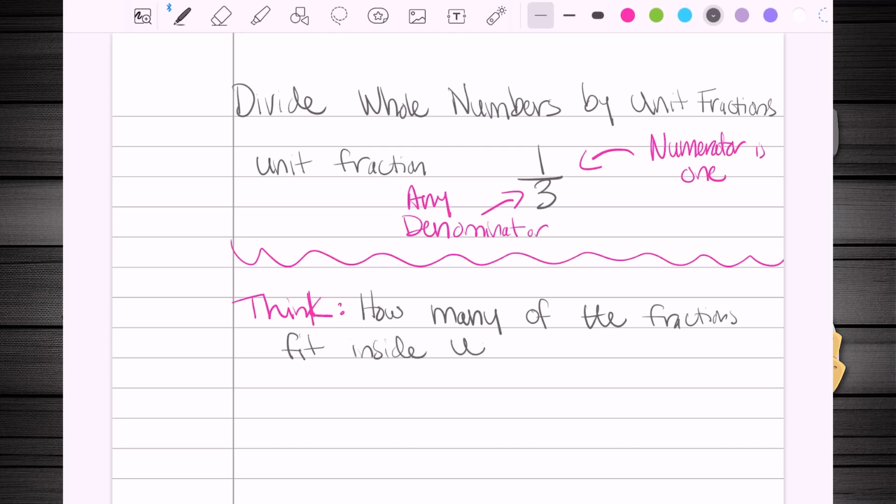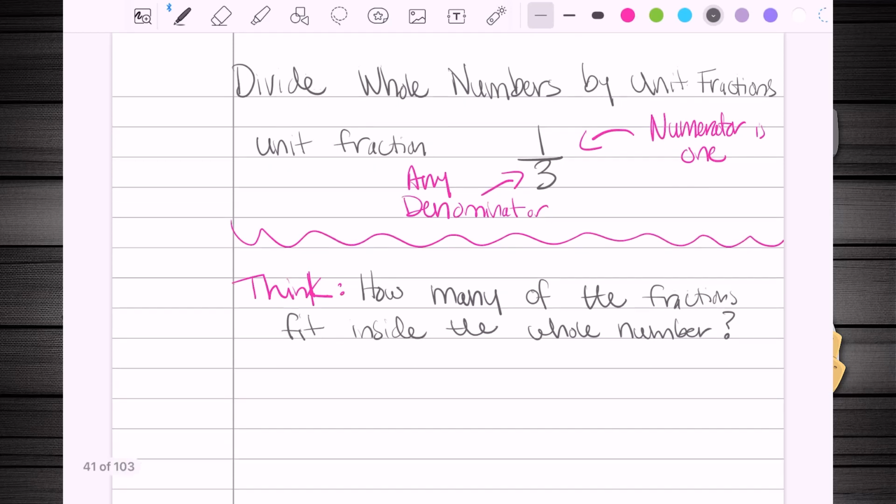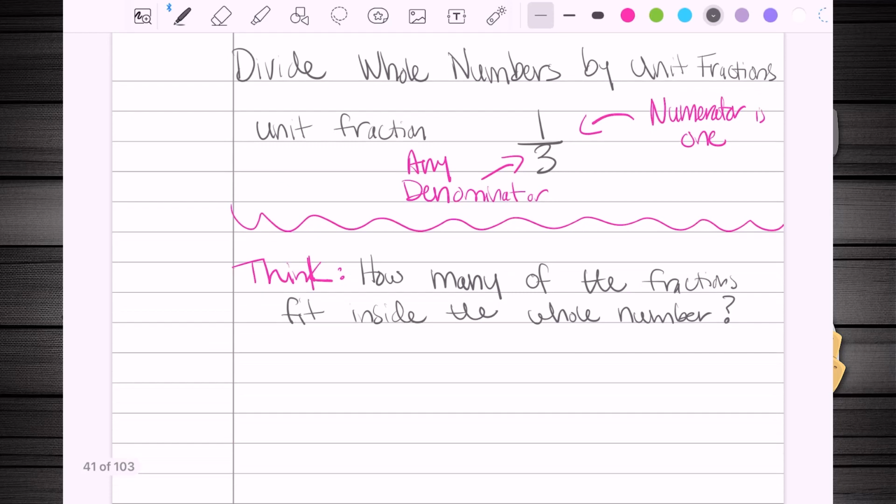We're going to look at the problem 4 divided by 1/3. Four divided by 1/3. And we're not sure what that equals.